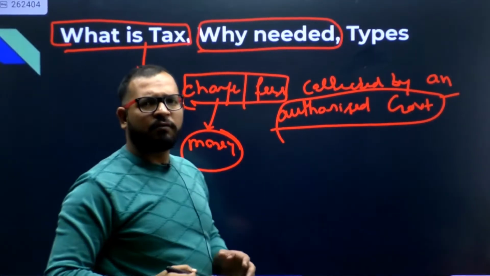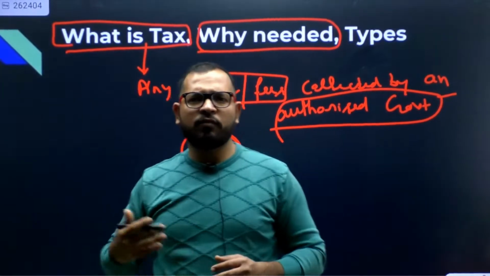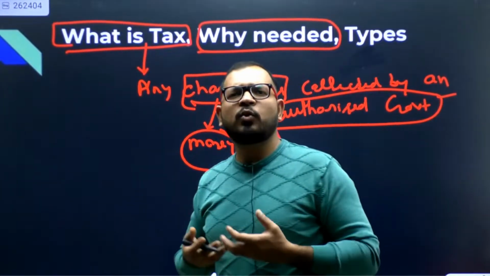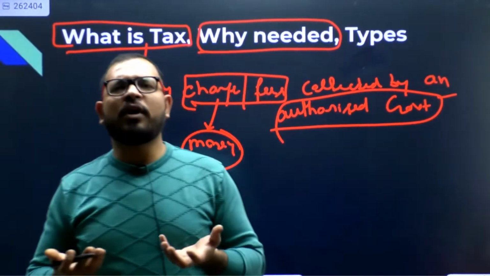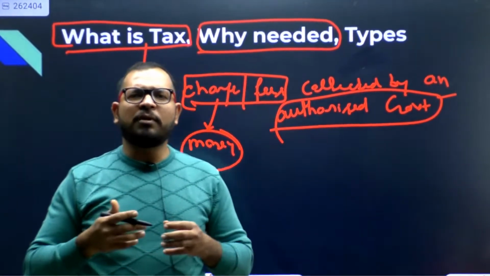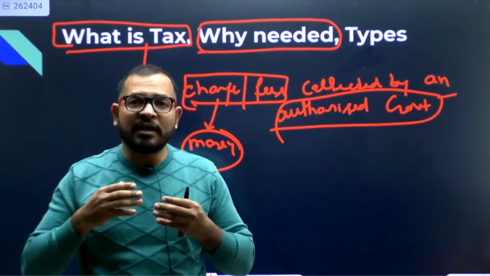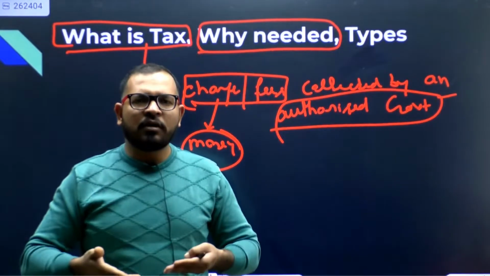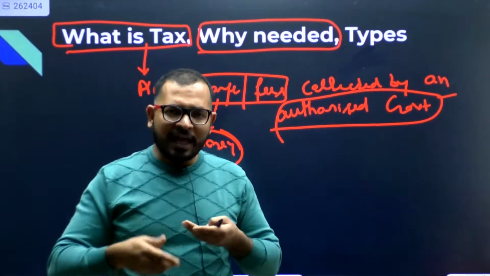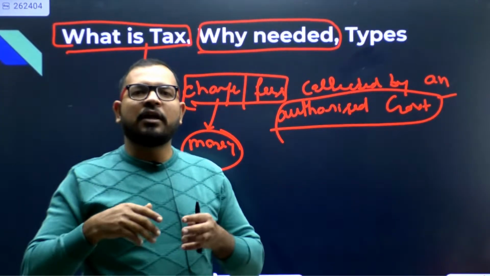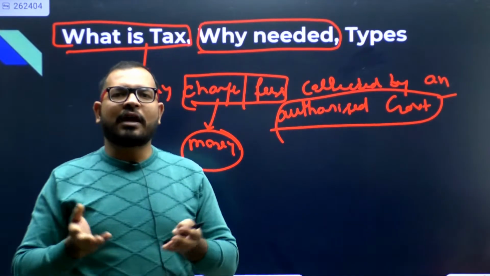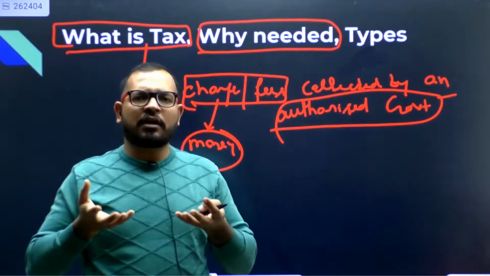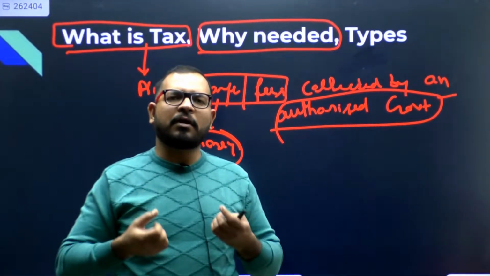Now let's understand why the tax is needed. If I want to go into a bit of detail on this tax system: why does the government want to collect the tax? Simple. The government wants to collect the tax because the government has to function properly, has to provide infrastructure, and has to govern the people. In all these things, the government needs money to spend. And where does money come from?